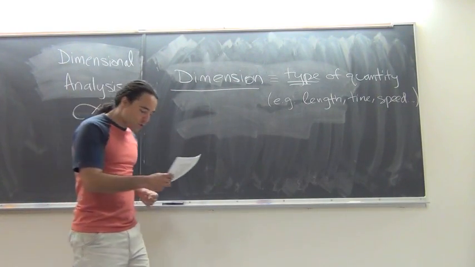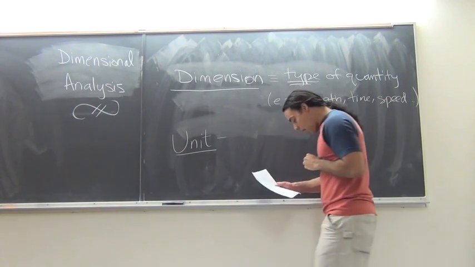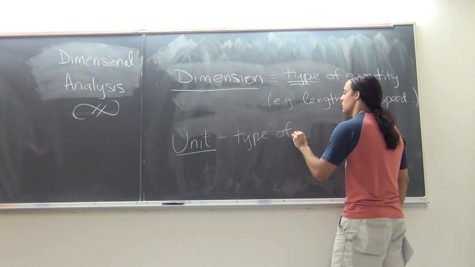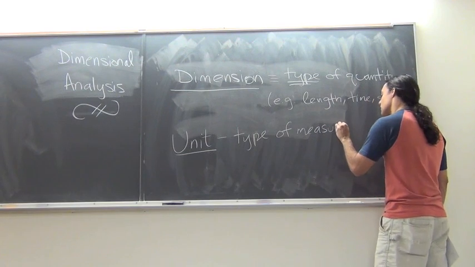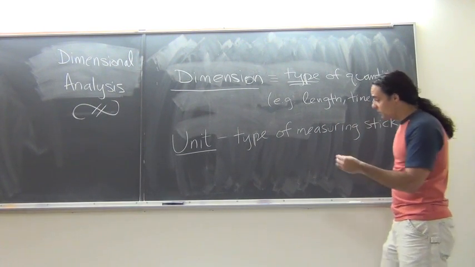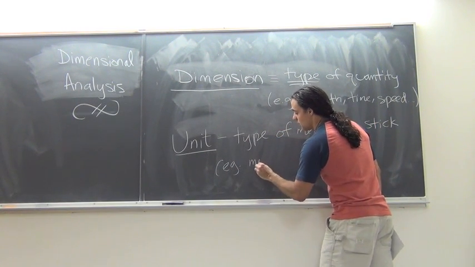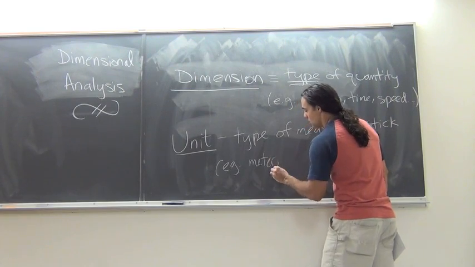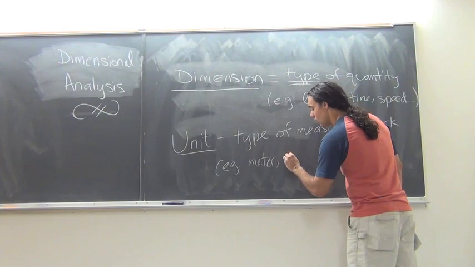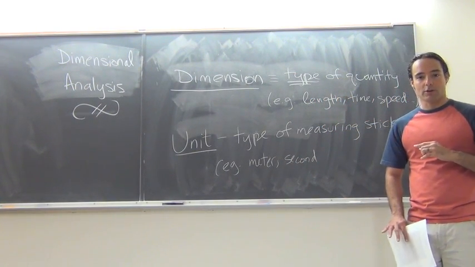Units is just what I measure with. So the unit is the type of measuring stick you use. For example, we could measure things with a meter stick. Could be centimeters, miles, light years. We could measure time with the second hand of a stopwatch.